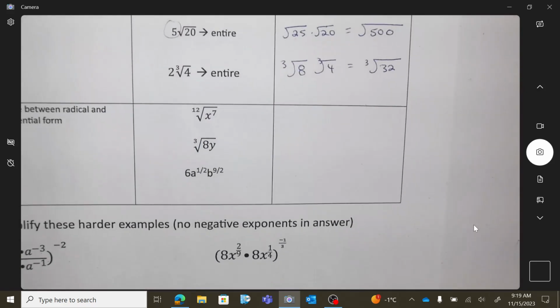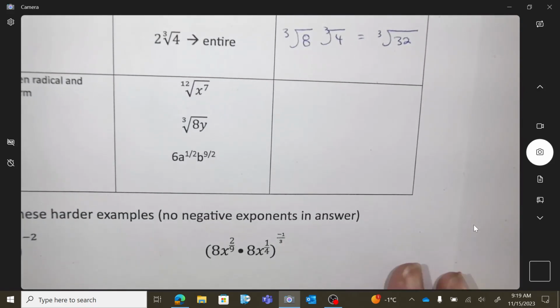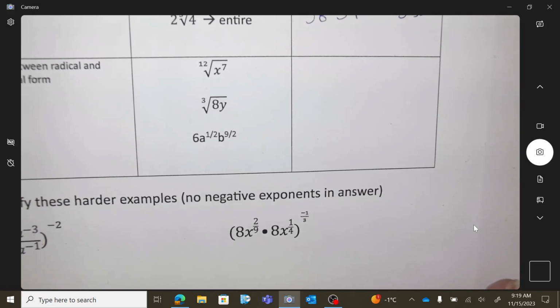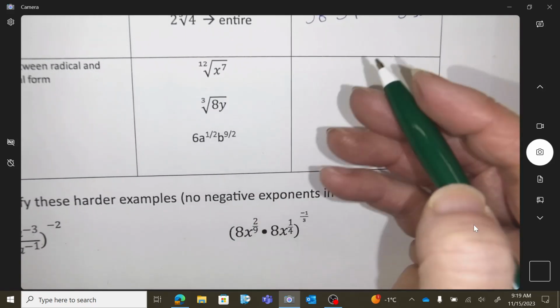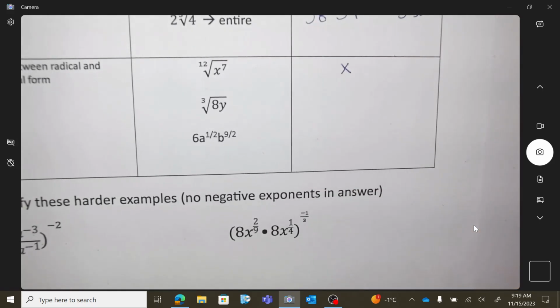Okay, radical form. This is, I think, where I kind of lose most people with points on a test. Convert this from a radical to exponential. So x to the what exponent?